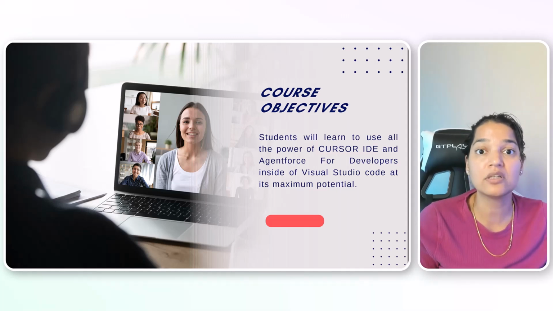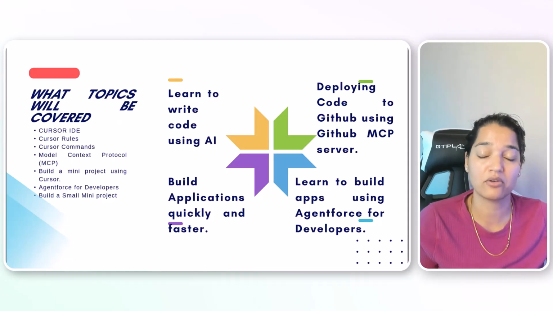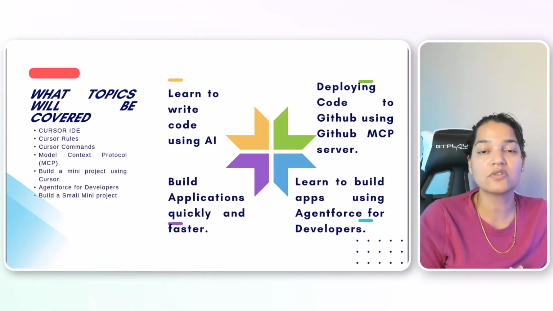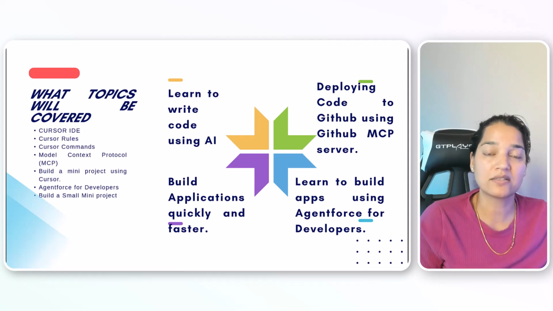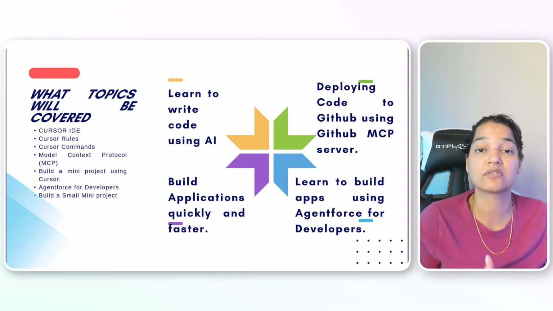You definitely need to know about AI and you have to learn to embrace AI. What are the topics we're going to talk about in this course? The course is basically divided into two parts. In the first part, we will talk about Cursor IDE, Cursor rules, MCP and how to configure MCP servers, and Cursor commands.